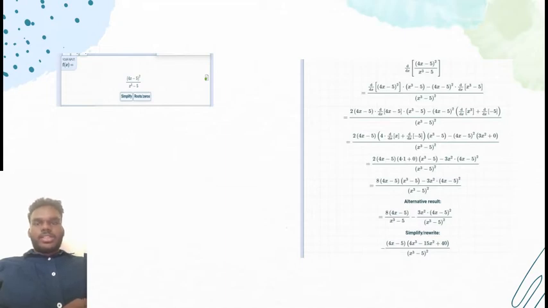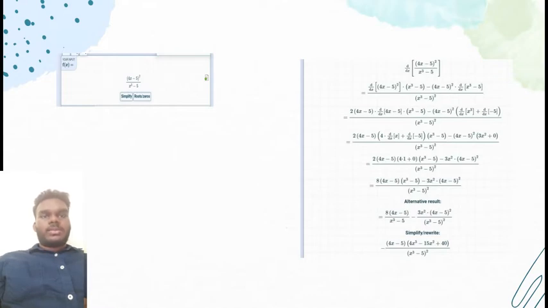My question is (4x minus 5) power of 2 divided by (x power of 3 minus 5). d over dx: (4x minus 5) power of 2 times (x power of 3 minus 5), minus (4x minus 5) power of 2 times d over dx of (x power of 3 minus 5).